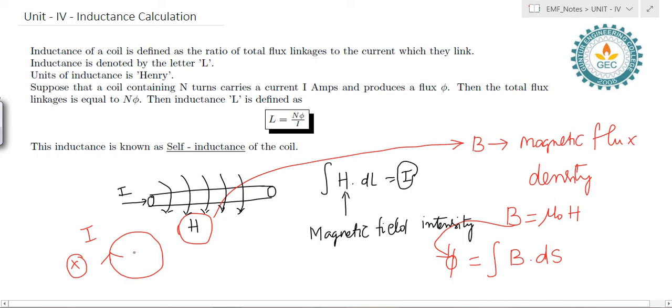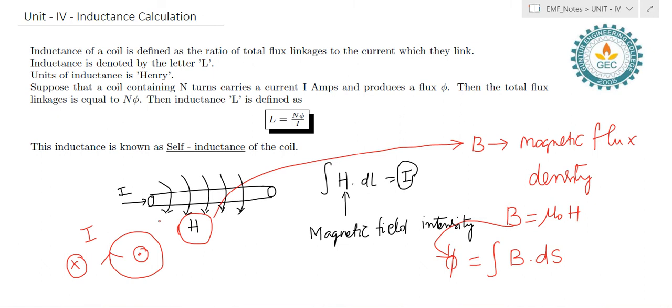Inside is a dot and outside is a cross. That means within the loop the field would be into the board, and outside the loop it would be out of the board.